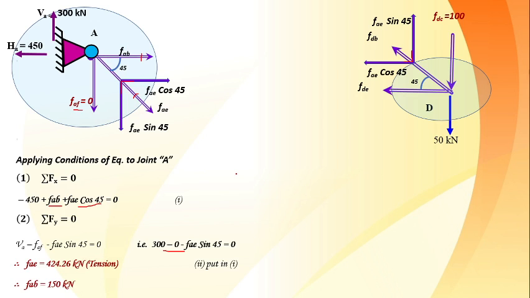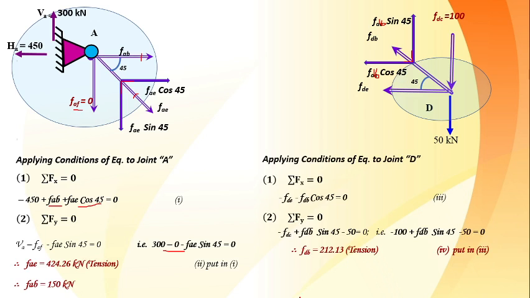Inclined force was there, FDB. I have to do the resolution of that force. So here FDE and FDB. So FDB sine of 45 and FDB cos of 45. Now apply the conditions one by one, sigma fx and sigma fy.